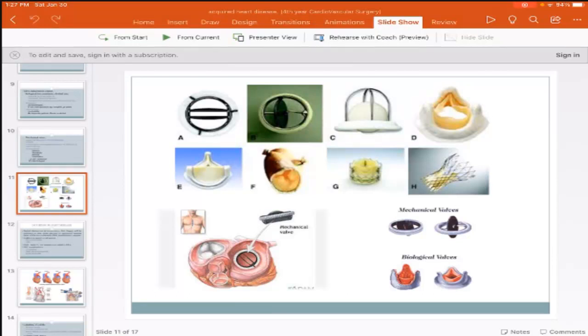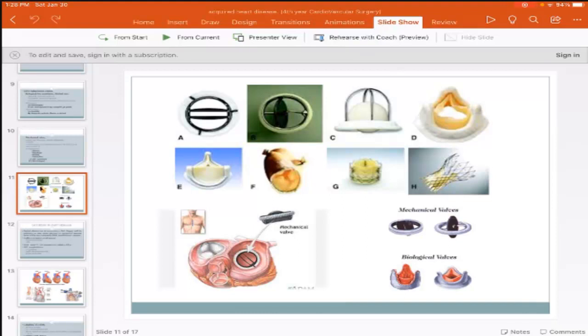These are the types. Type C, this is what we call ball and cage. This is a type A, this is what we call tilting disc, the Sanjuit. This is the green one, the bileaflet, and this is ball and cage.